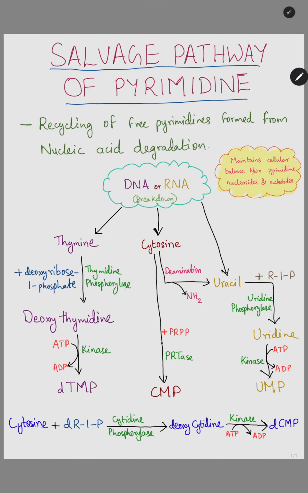Okay, now these are all the monophosphates. For DNA and RNA synthesis, we require triphosphates. So these monophosphates undergo phosphorylation twice by the action of kinase enzyme and in the presence of ATP to form the respective triphosphates.